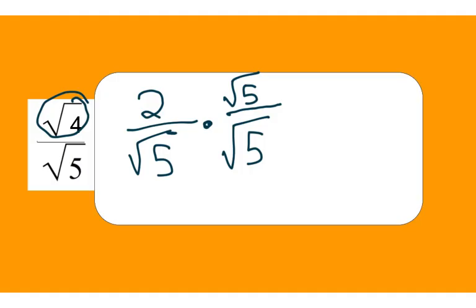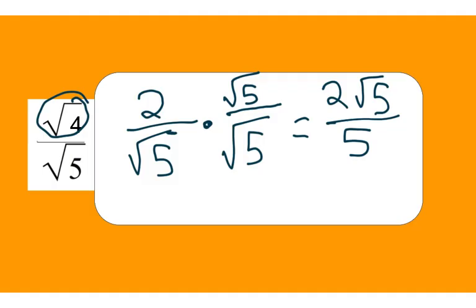You're really multiplying by 1, if you could see it. If not, it doesn't really matter. What you do now is you multiply across. That's 2 times radical 5. So I'm going to get 2 radical 5. And radical 5 times radical 5 actually ends up just to be 5. It actually gets rid of the radical sign when you multiply 2 radicals that are the same number.